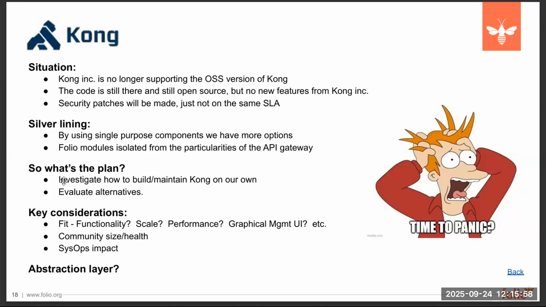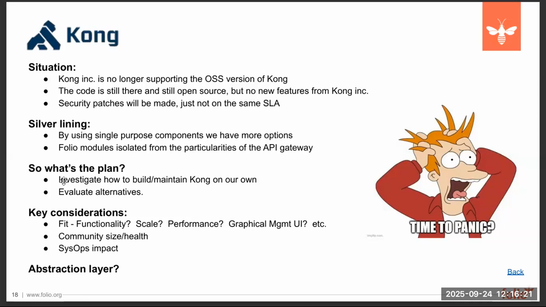Folio modules are also isolated from the particularities of the API gateway. What I mean by that is the modules don't know anything about Kong. Most of the components in Folio don't know anything about Kong. It's really just a couple manager services that would need to be adjusted if we were to replace Kong with something else.